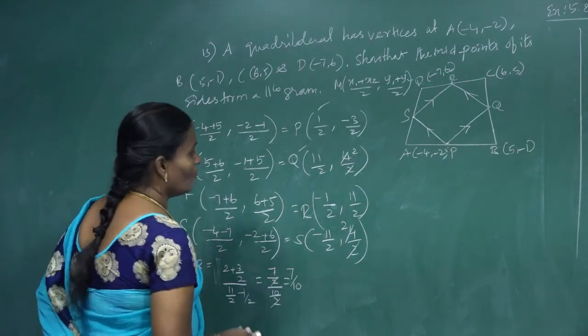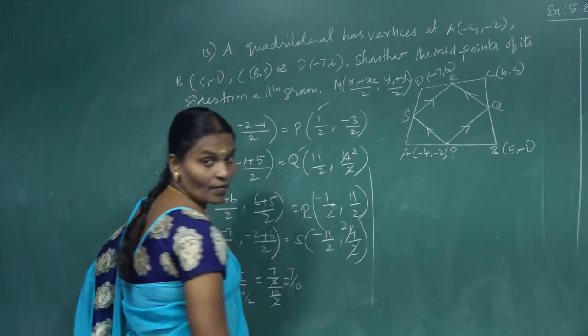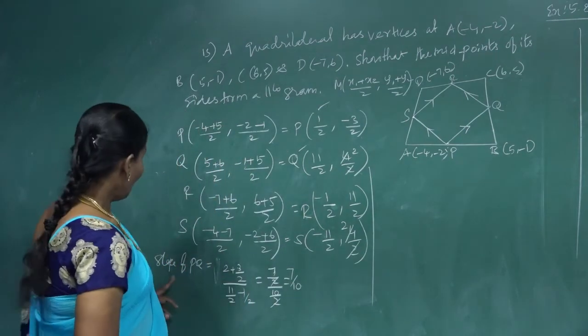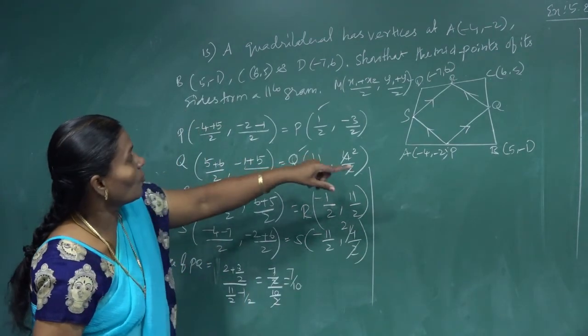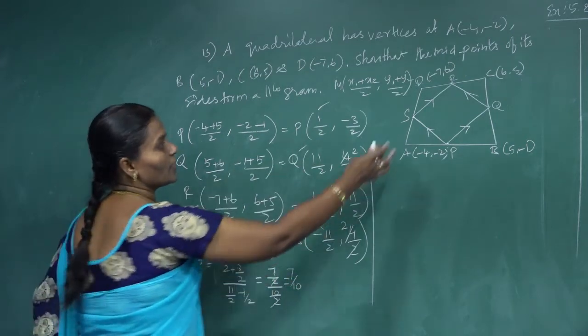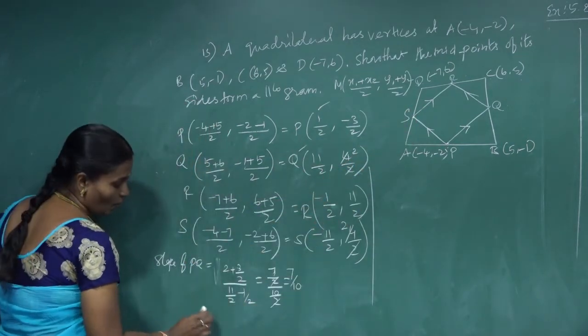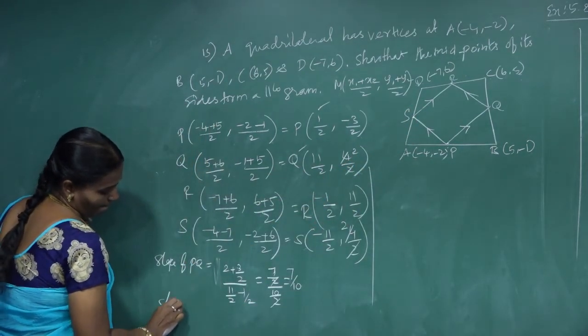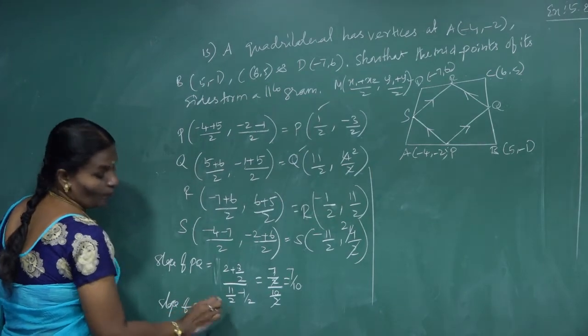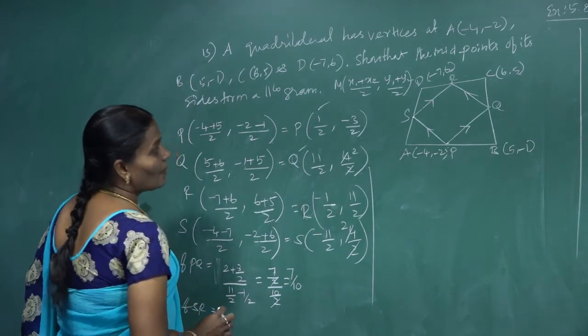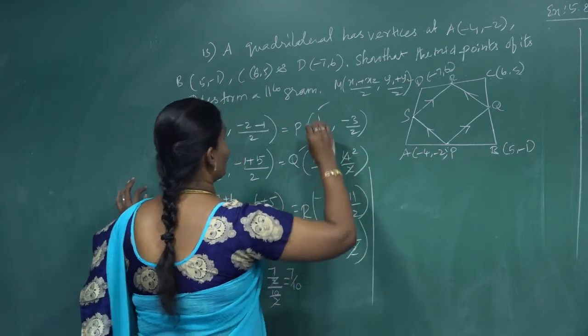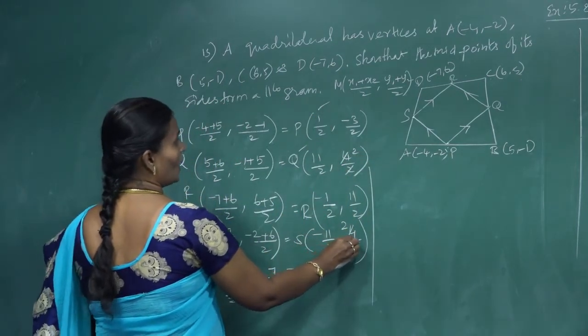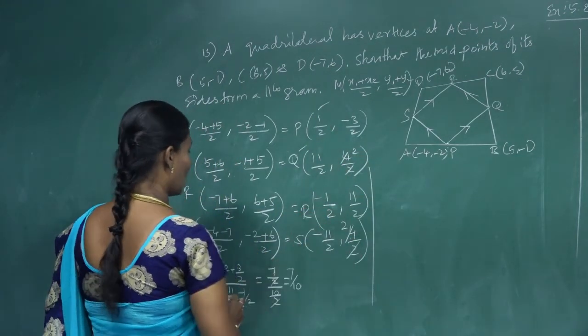Okay. Now find out the slope of the next term. The opposite side is SR. Slope of SR. Okay, so you consider S point as x1, y1 and R point as x2, y2.